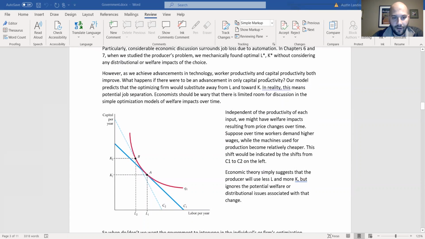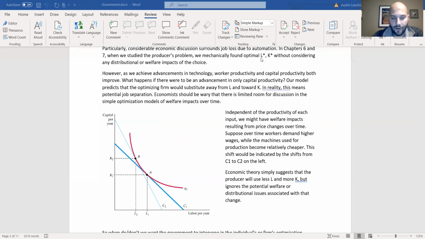But if we're suggesting that the producer optimally use, say, more K and less L in some optimal ratio, in reality that means potential job separation or people losing their jobs.